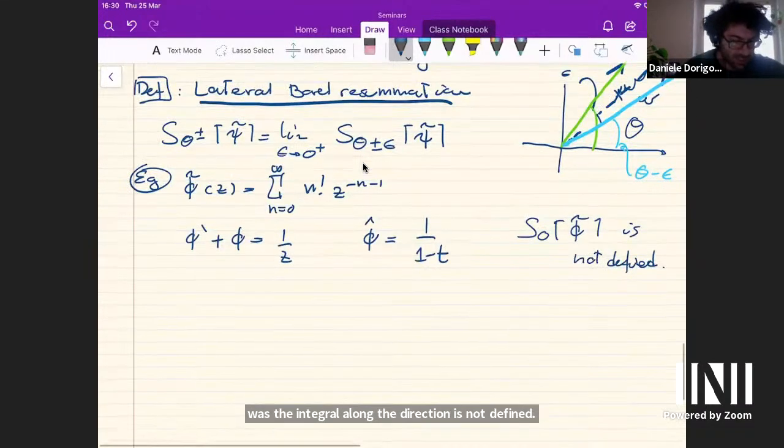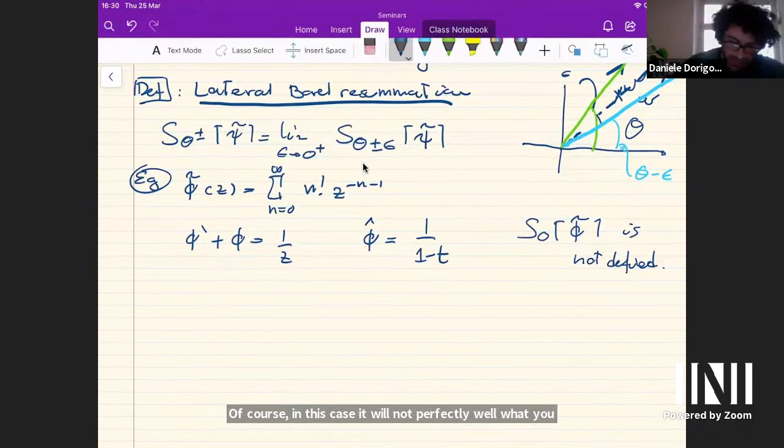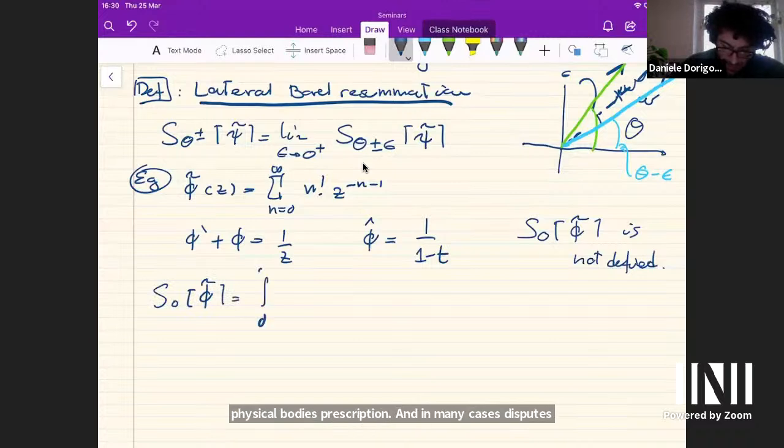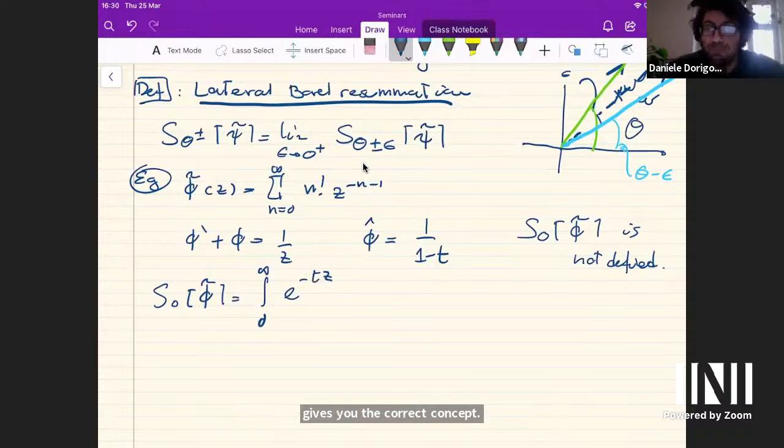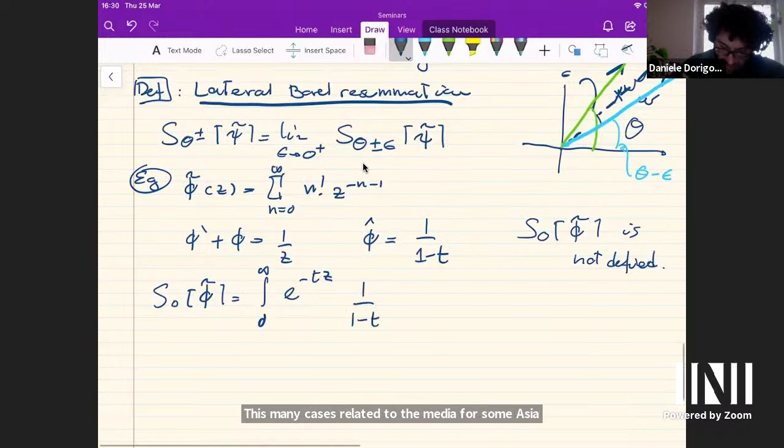Of course, in this case, you would know perfectly well what to do. This integral, you would have just done with some principal value prescription. And in many cases, this gives you the correct answer. So this, in many cases, is related to the median summation. But for the moment, let us not go there.